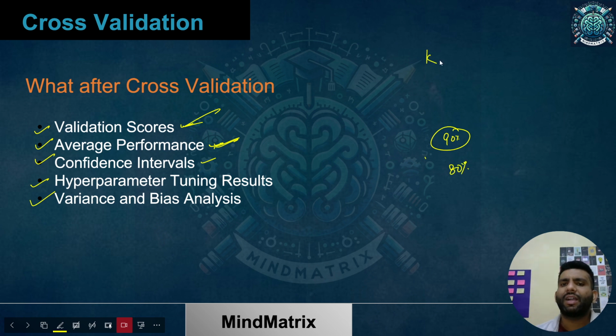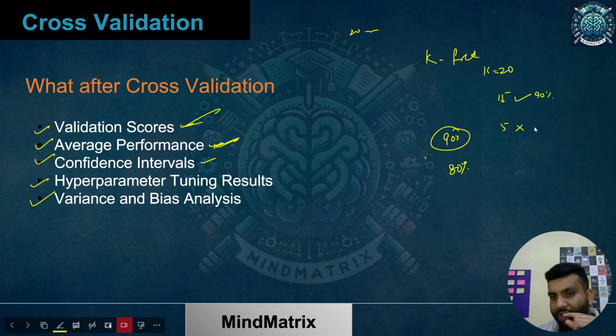Let's suppose I had k fold cross validation with k equal to 20, and in 15 it performed really well, around 90%, but in 5 cases it gave me only 60% accuracy.